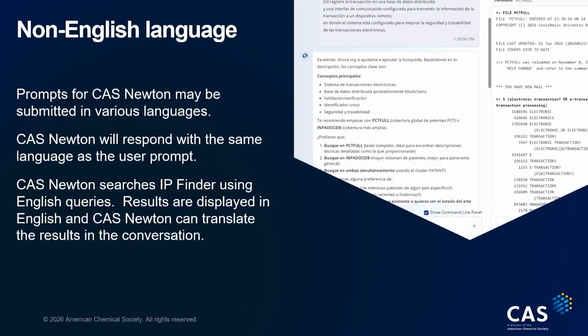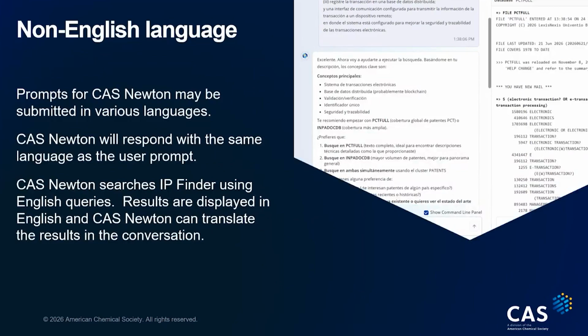Now, we're about to get to some live demonstration, but I do want to bring to your attention that yes, you can use non-English language. You do not have to interact with Newton in English. If you prompt Newton in a non-English language, such as the example on the right, Newton will respond to you with that same language.